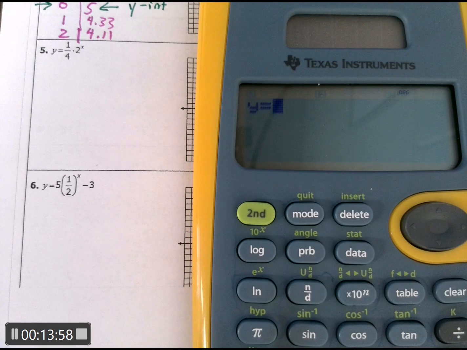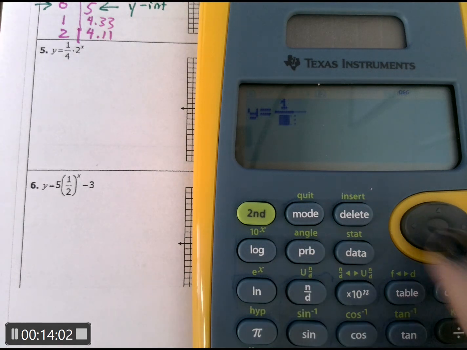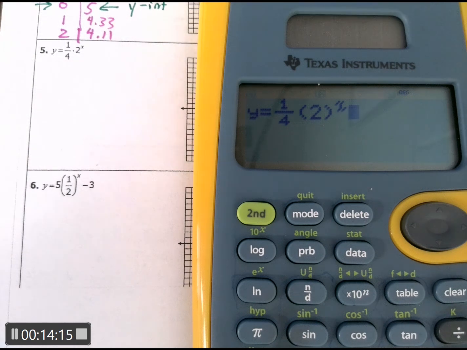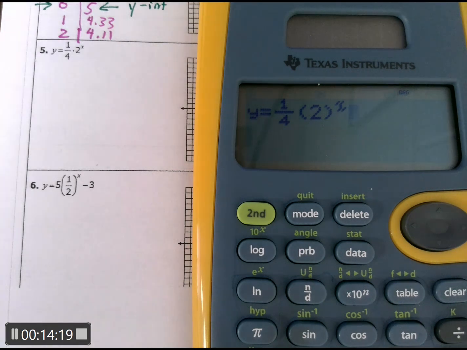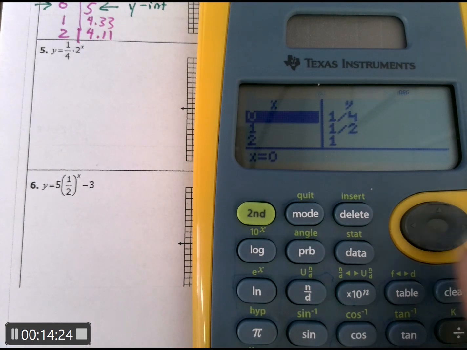So this time, what we want to do is write the 1/4 first, and then we're going to put parentheses around our 2. Okay? And then we're going to do to the x. I know it doesn't show that on your paper for this one, but this is how you want to type it into your calculator. Alrighty, so then we're going to press enter a whole bunch of times.